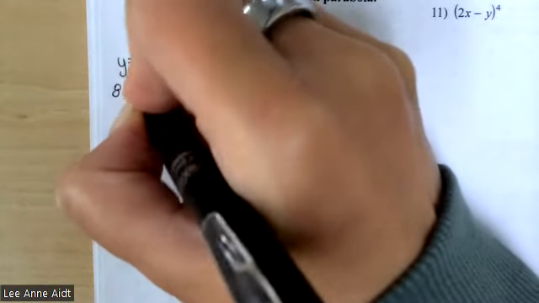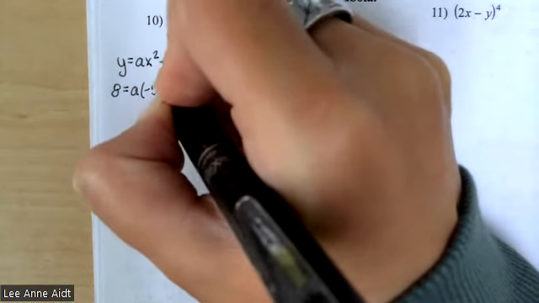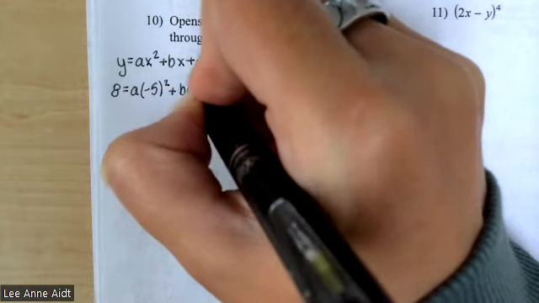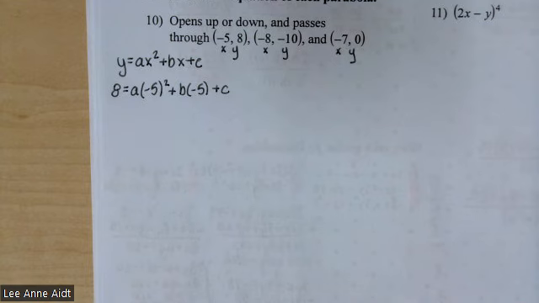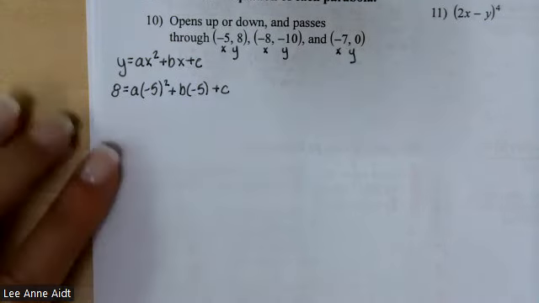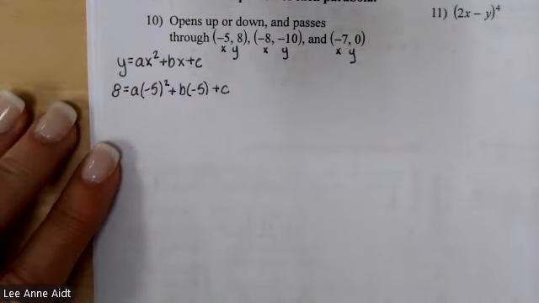Okay. 8 equals a times negative 5 squared plus b times negative 5 plus c. I have more room this time. I don't have to write microscopically. It's going to be great.